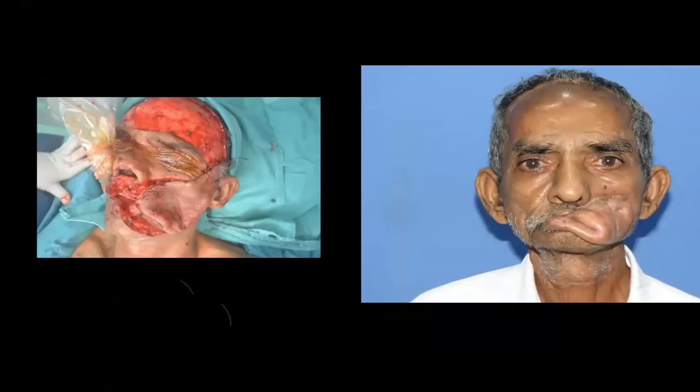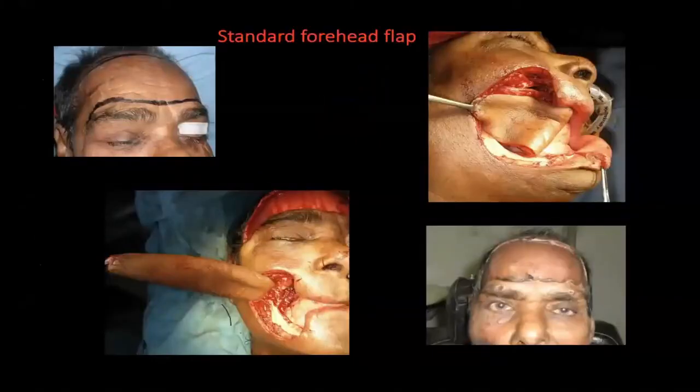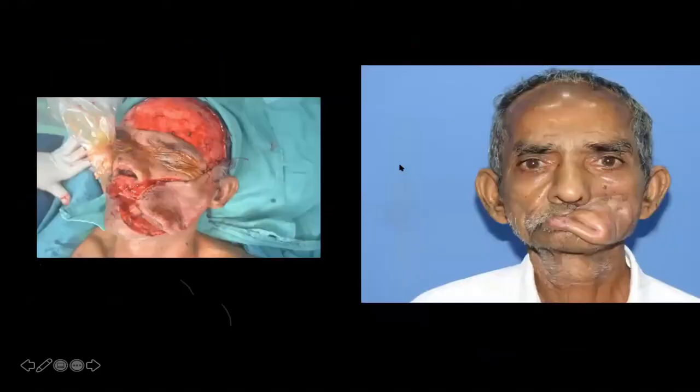Another way of doing this forehead flap was tunneled, so there was no division of pedicle or need to do anything more. But here in this patient, we had inset the forehead flap into the defect.